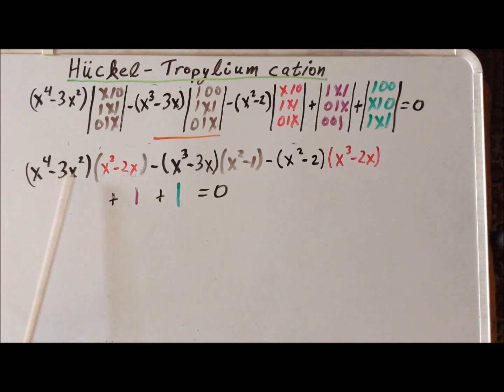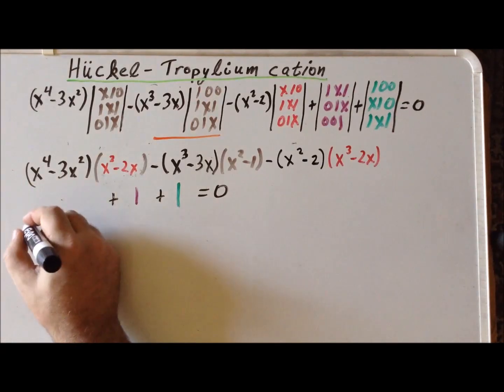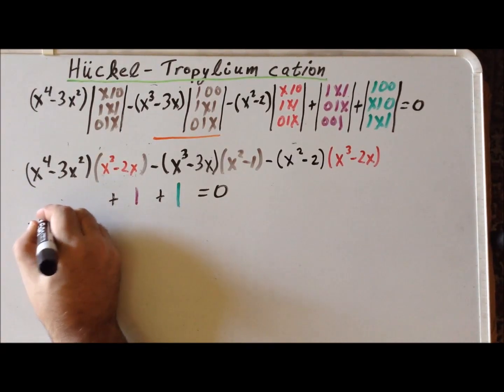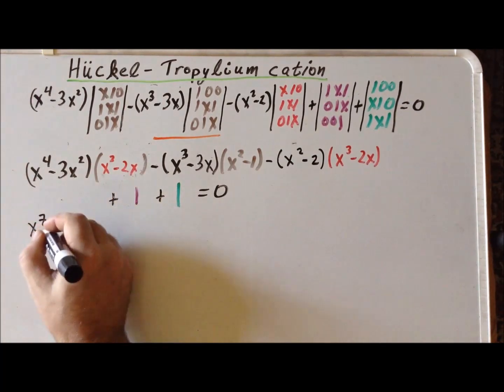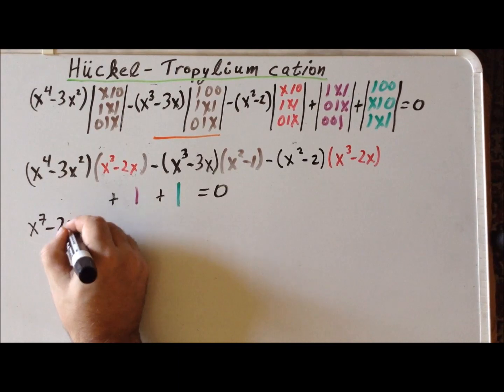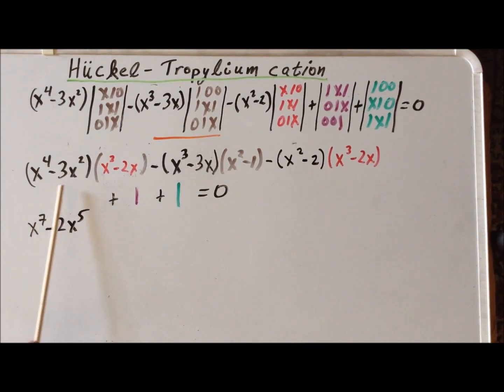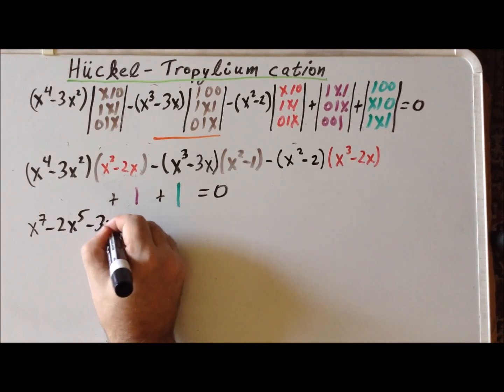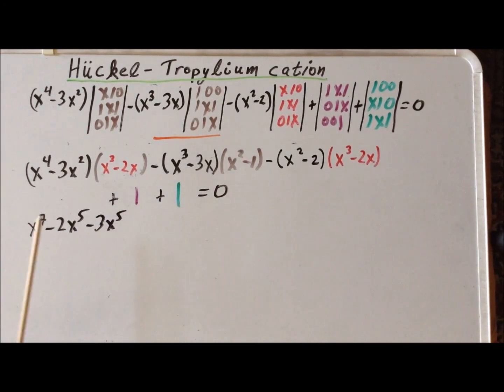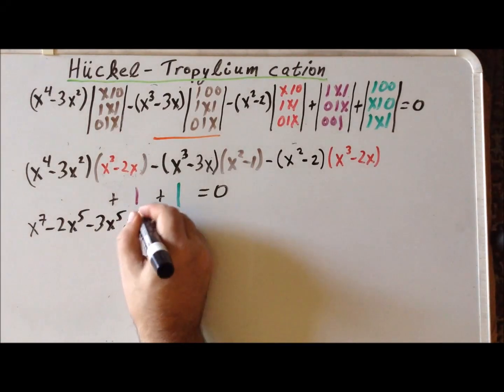So then x to the 4th times x cubed gives us x to the 7th. x to the 4th times minus 2x is going to give us minus 2x to the 5th. Minus 3x squared times x cubed is going to give us minus 3x to the 5th. And then we have minus 3x squared times minus 2x, which gives us plus 6x cubed.